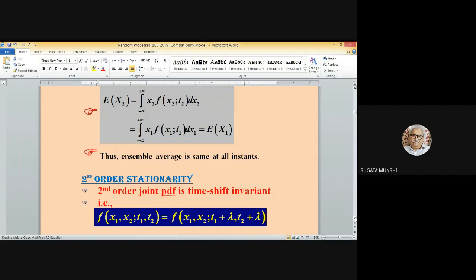Next is the second order stationarity. Remember that if you have second order stationarity, you automatically also have first order stationarity.